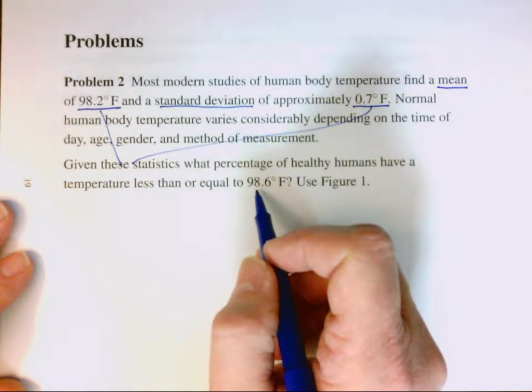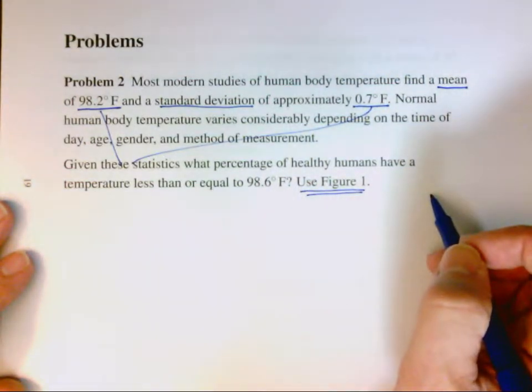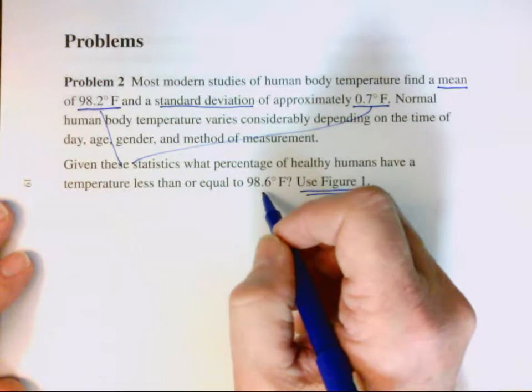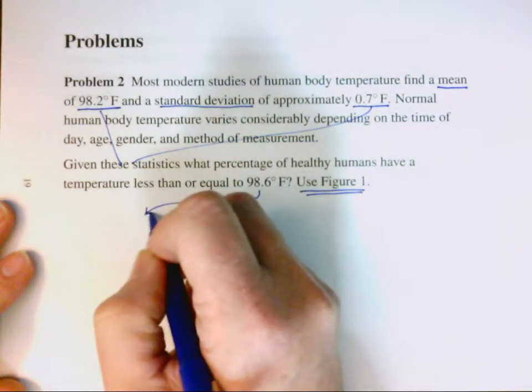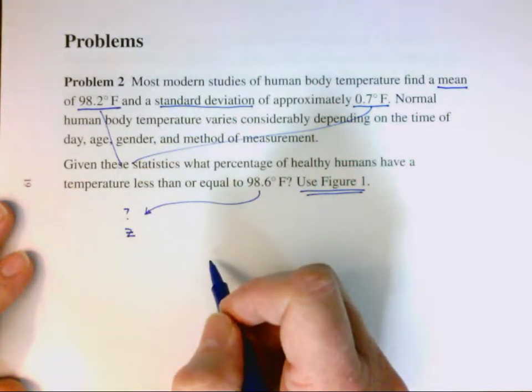The easiest way to do this, and we're going to be using figure 1 again, is to first figure out what z-score goes with that data score. We would like to know what the z is.